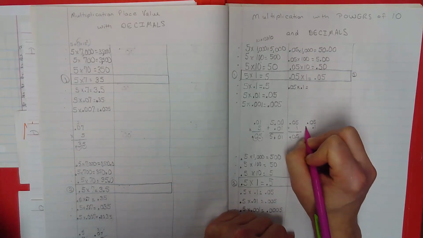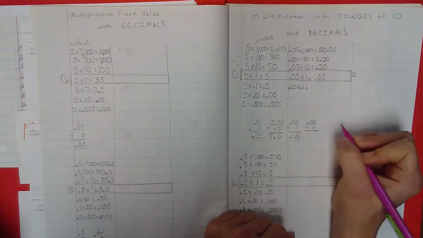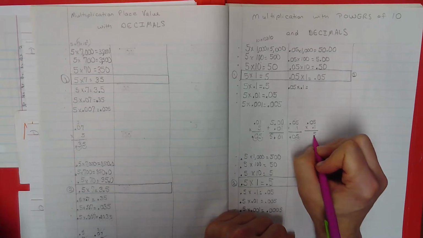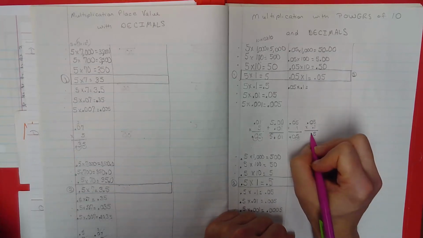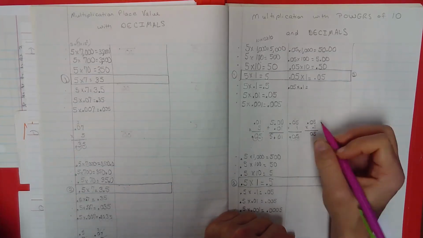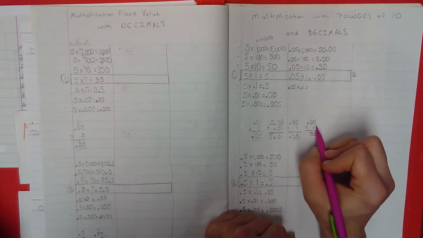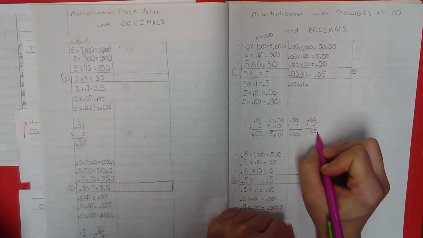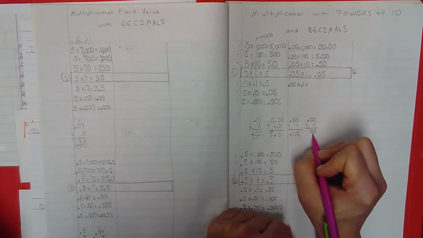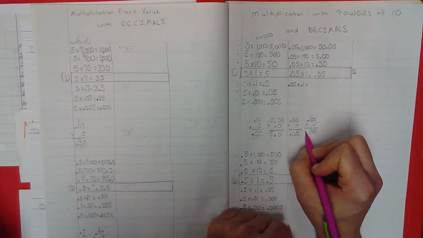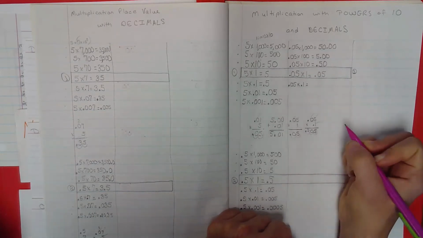Do not line up decimals to multiply. 5 times 1 is 5. 1 times 0 is 0. How many places do we need to move the decimal? Once, twice, thrice. Make this smaller by 1 place, 2 places, 3 places. Fill in the decimal.